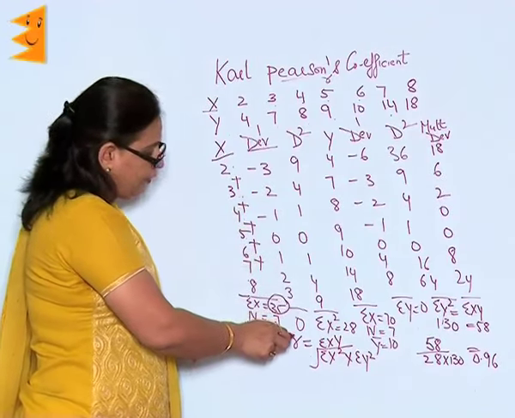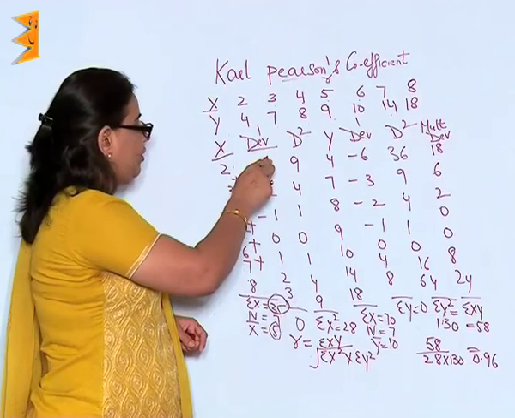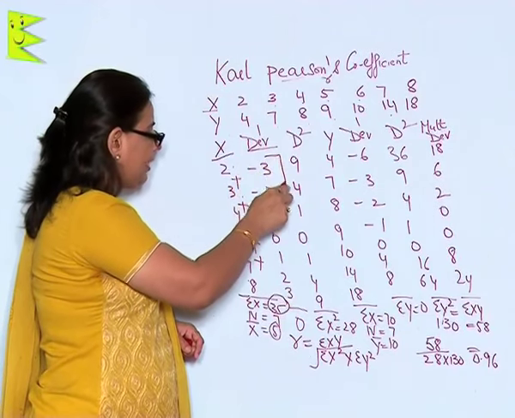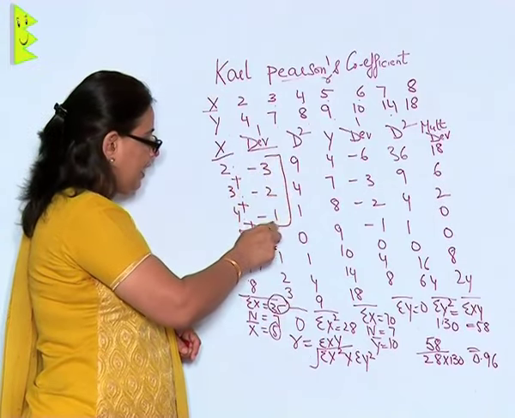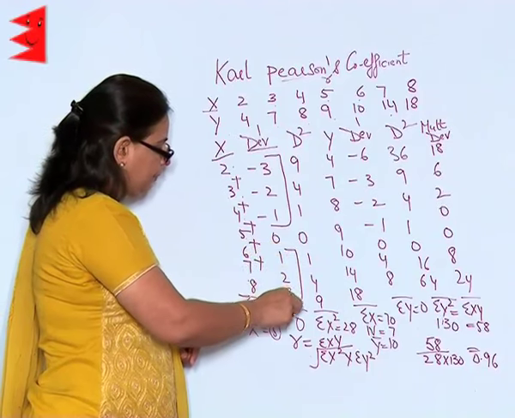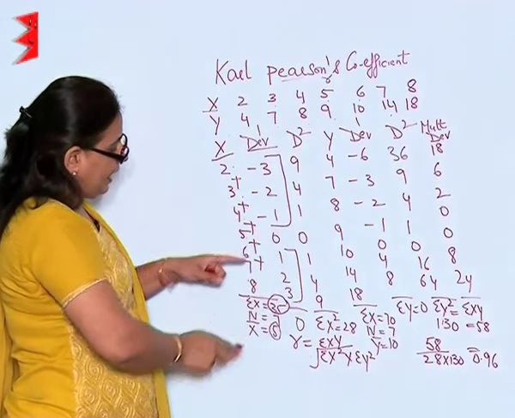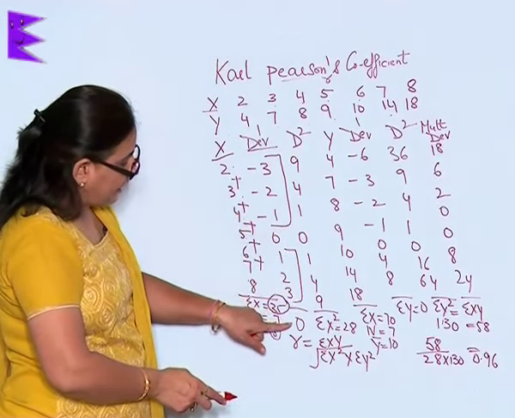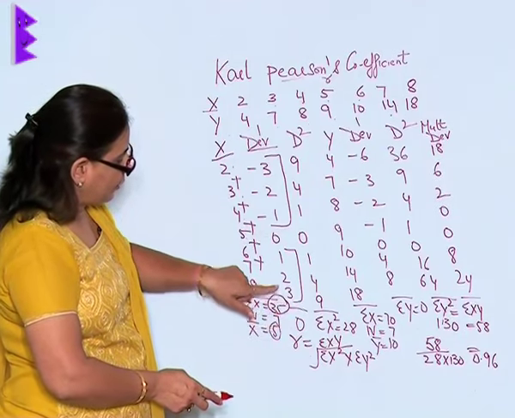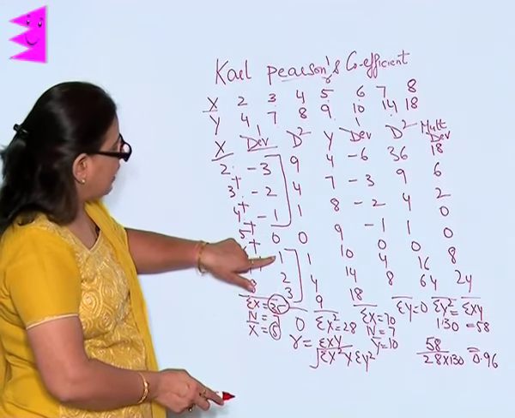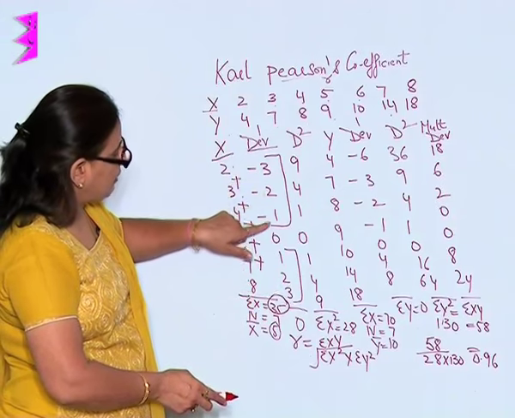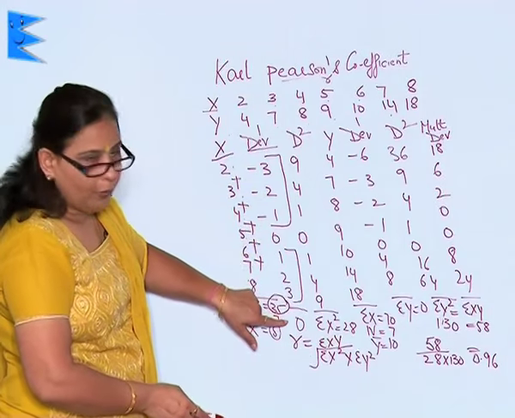And it should always be 0. I have been stressing on this. That means the minus 3, minus 2 and minus 1 add up to minus 6, and 1, 2, 3 add up to 6, so the sum of deviations that I have drawn is 0.